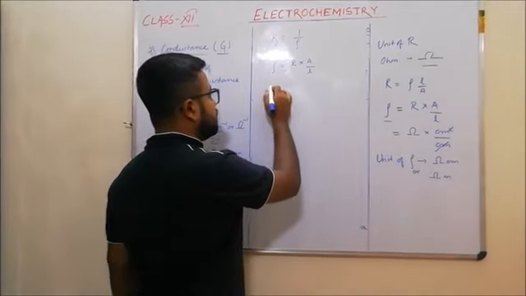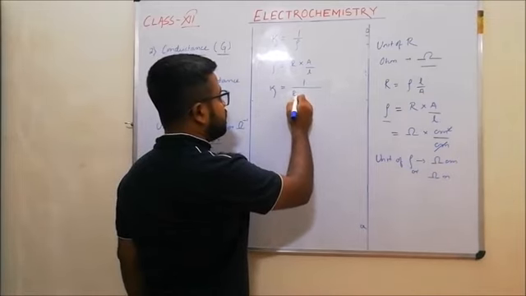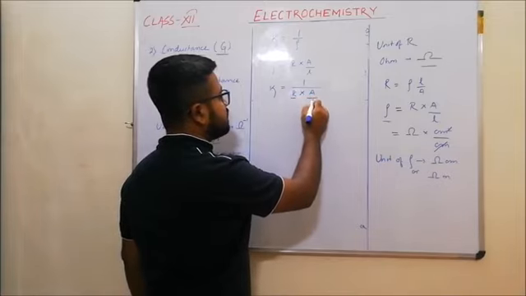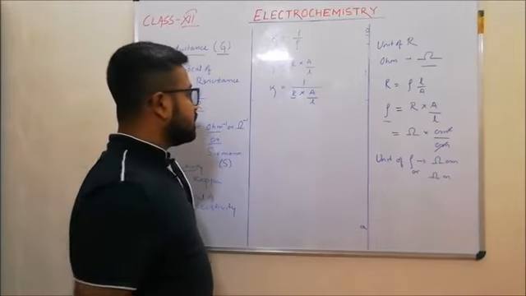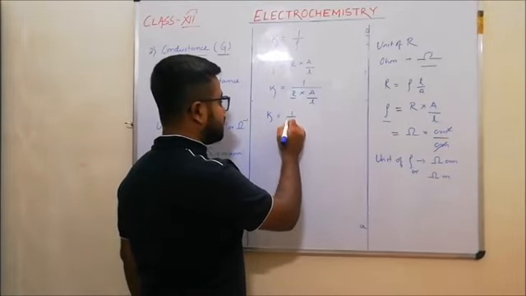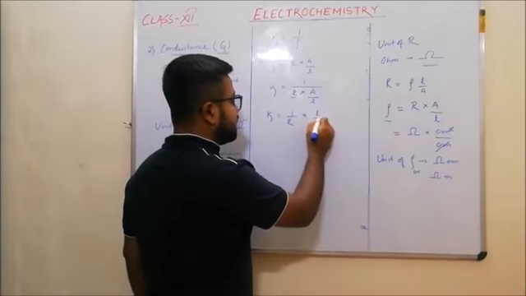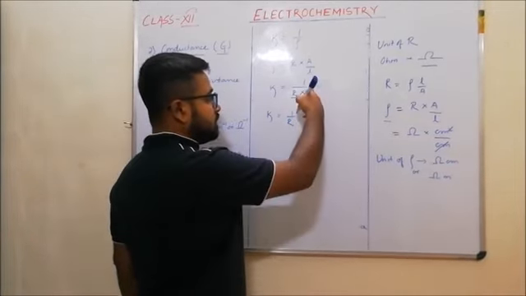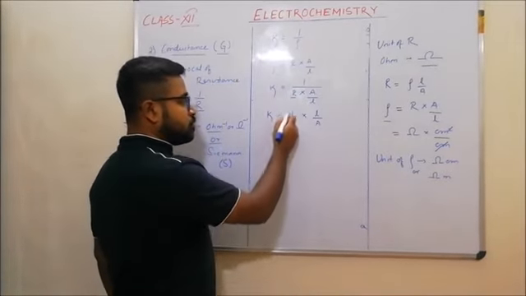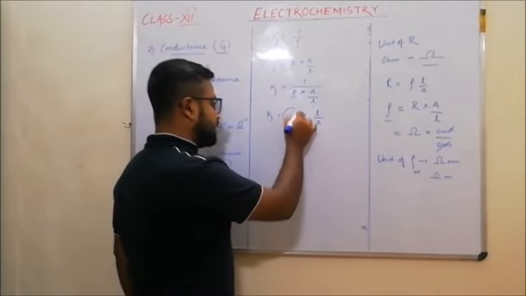So if we put the rho value, then kappa equals 1 by resistance into area of cross section by length of the conductor. So it can be written as kappa equals 1 by R into L by A, since 1 by A by L can be written as L by A. Remember, what is 1 by R?